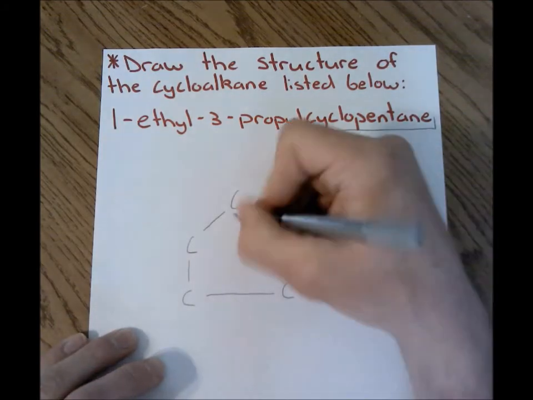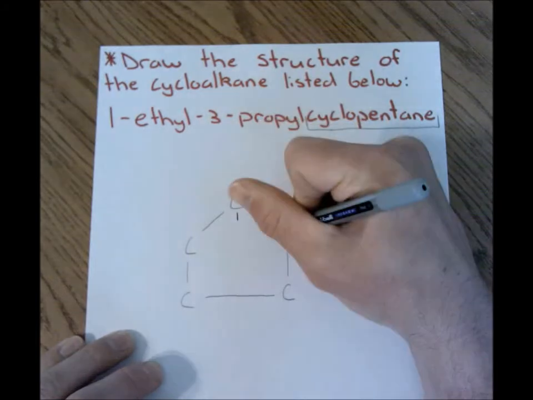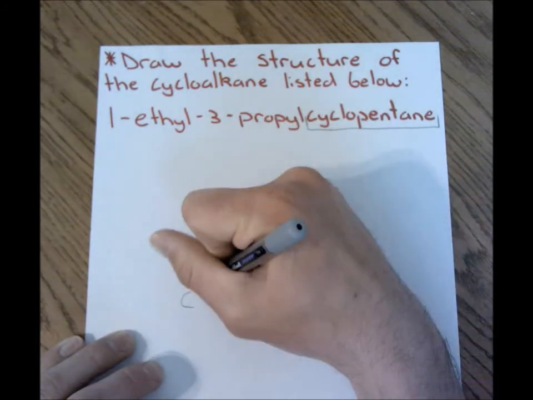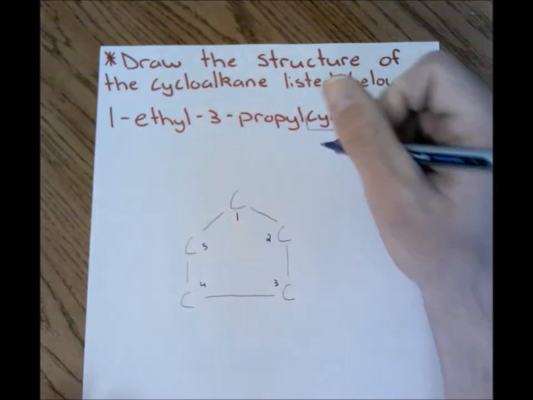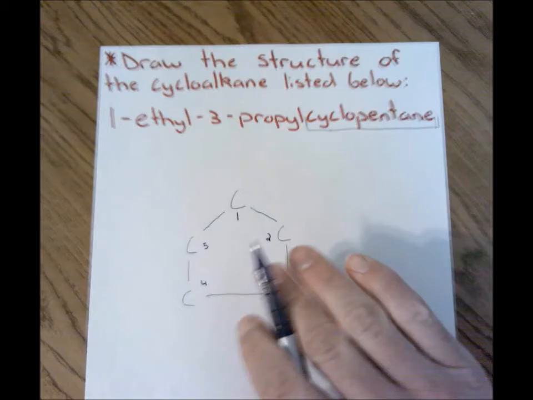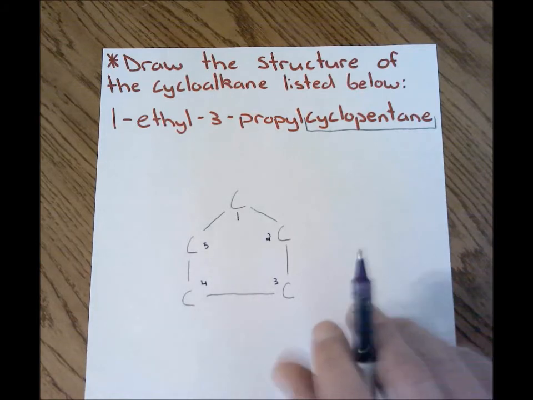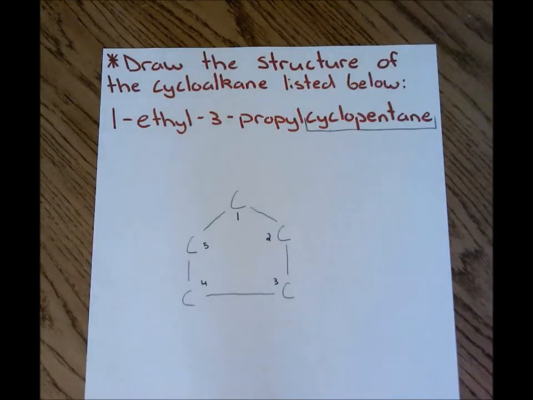Again, those are just markings I like to indicate to help draw this particular structure. And then what we do here is we go step by step and we identify what each attached group is, and we put that attachment on that specific location.